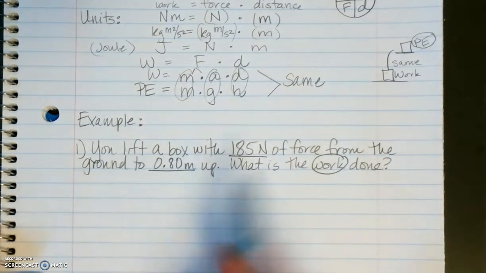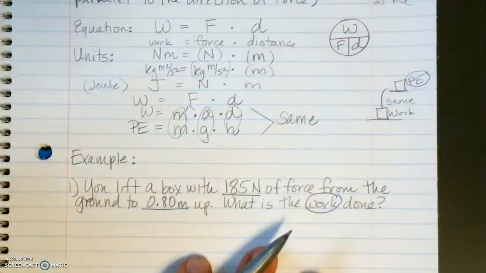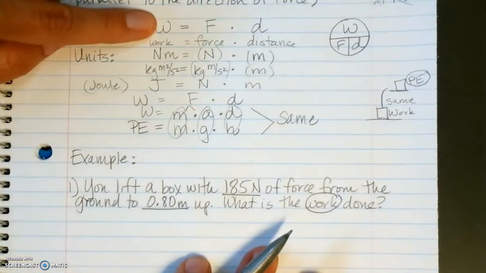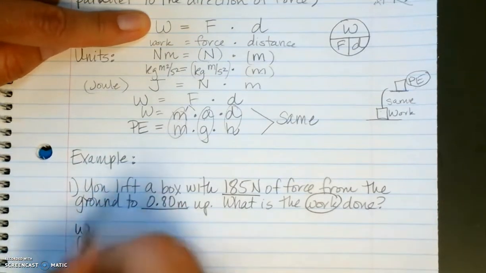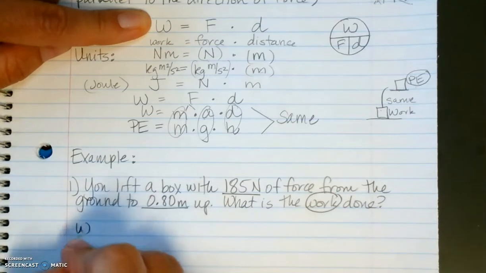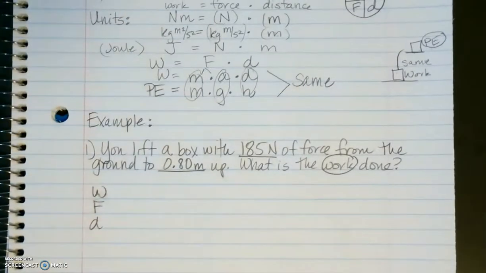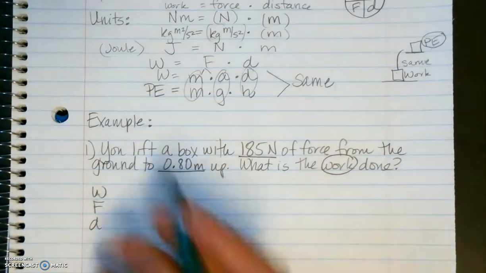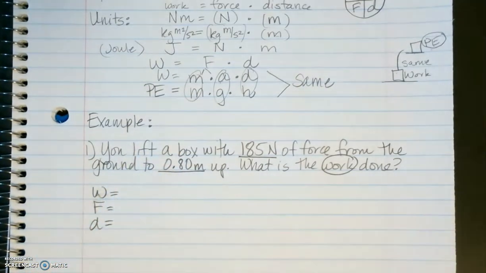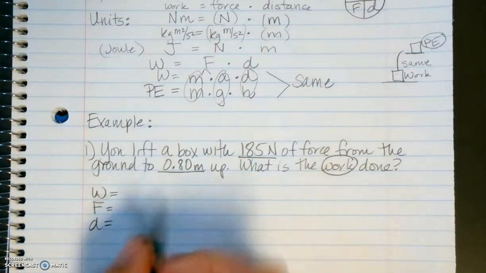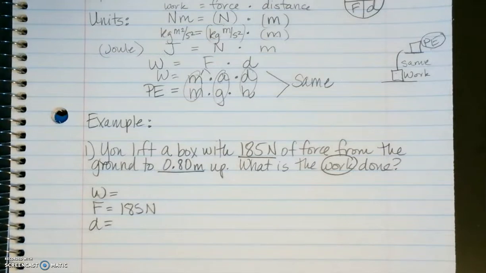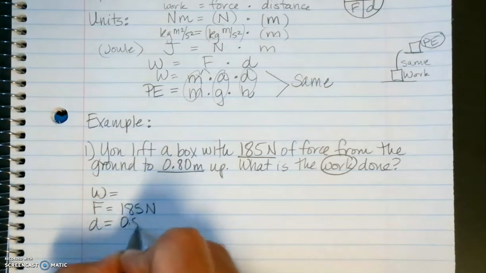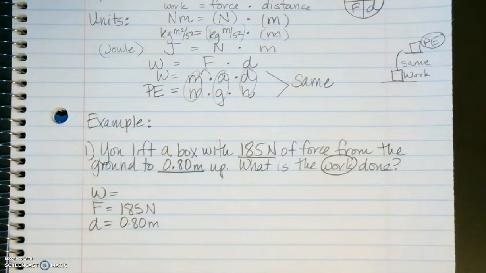And we're going to put out our variables. We know the equation is work equals force times distance, so we need a W, an F, and a D as our variables. Now we're going to plug in the numbers for the variables. We know that our force is 185 newtons. We know that the distance is 0.80 meters.